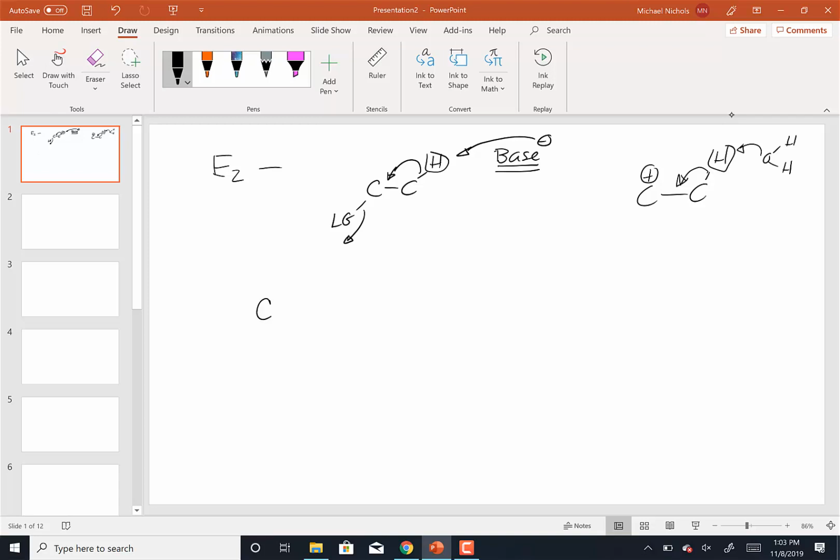So if I have my carbon, and I'm going to write it from left to right, and I have my leaving group, my hydrogen must be, and now I'm going to put it in a sawhorse representation, this hydrogen and this leaving group must be anti.